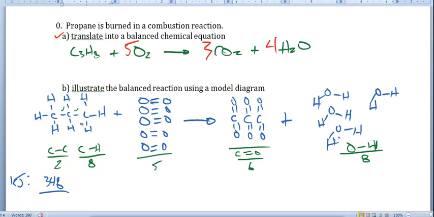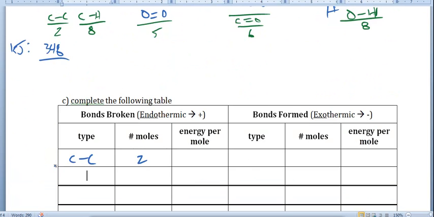But every mole of propane contains 2 moles of carbon-carbon single bonds. So that's why the 2 is there, and that's why I'm labeling this 2 moles. And the energy per mole is 348 kilojoules.